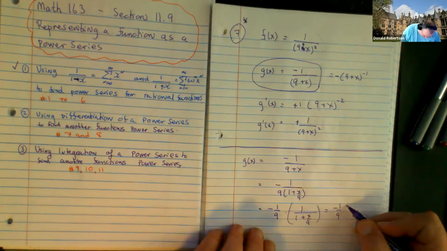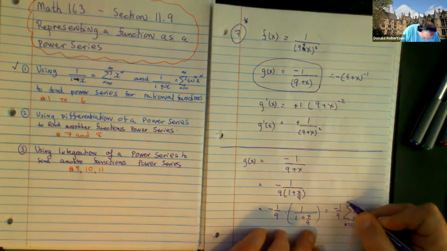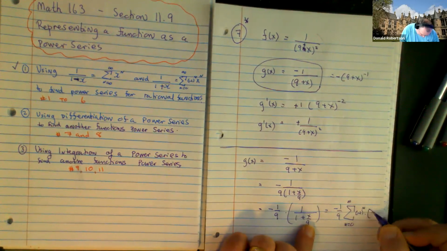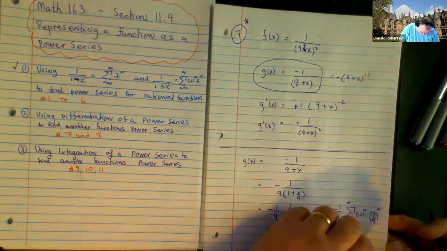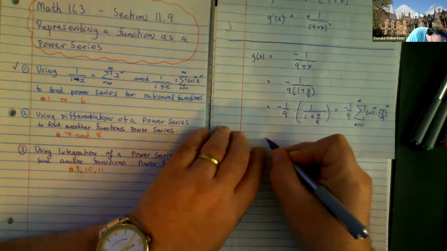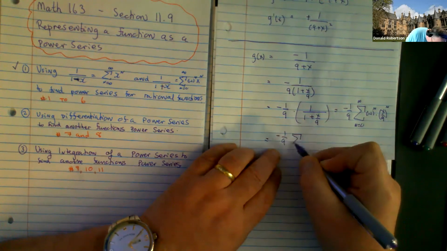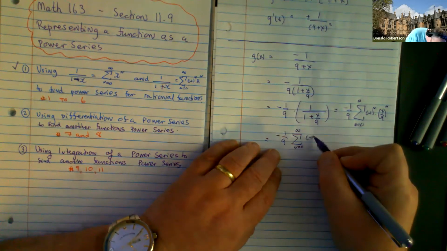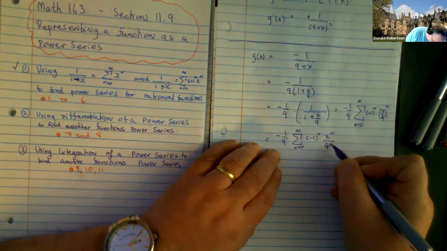So it's going to be sigma n equals 0 to infinity, -1 to the n, this guy to the nth power. So it's -1/9, n equals 0 to infinity, this guy, x to the 9n, 9 to the n.